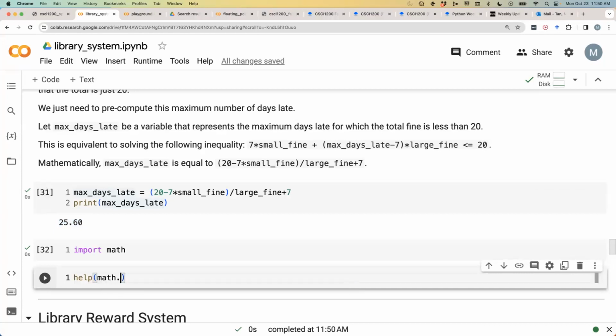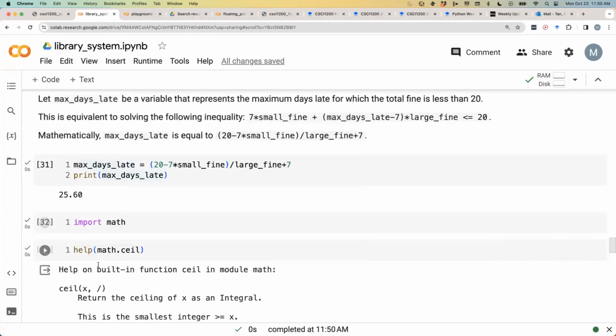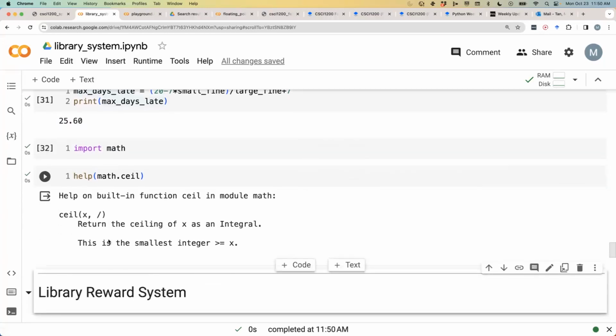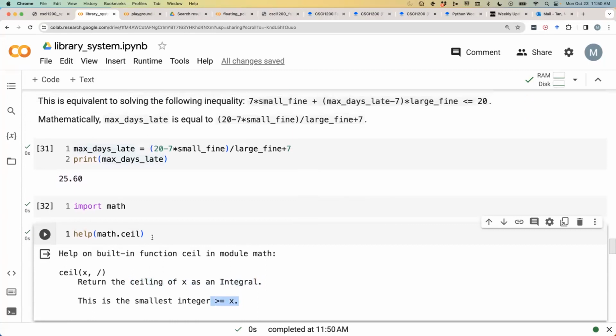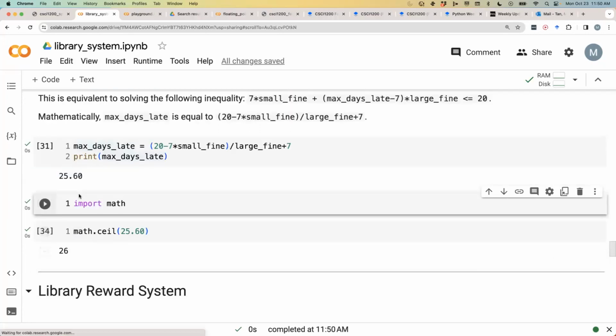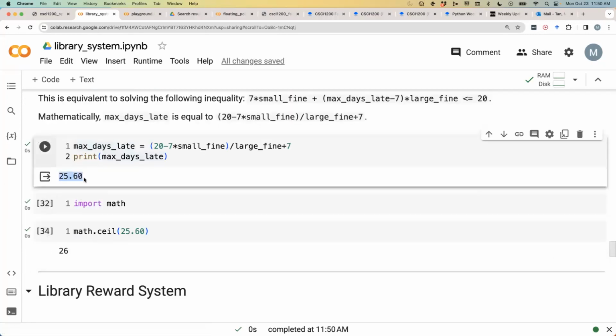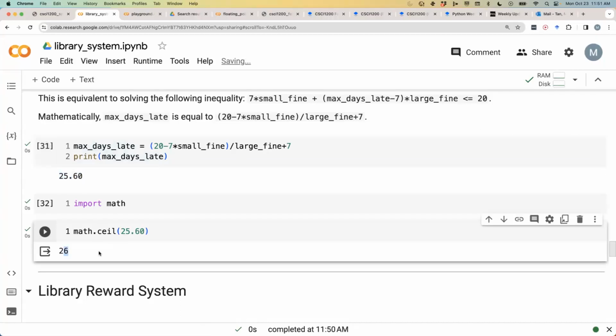This is a built-in function that returns the ceiling of x as an integral, that is, the smallest integer greater than or equal to x. For example, math.ceil of 25.6 will be 26. So after 26 days, the fine will be exceeding $20, but we always cap it at $20.